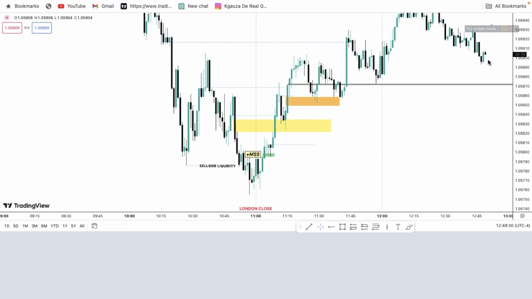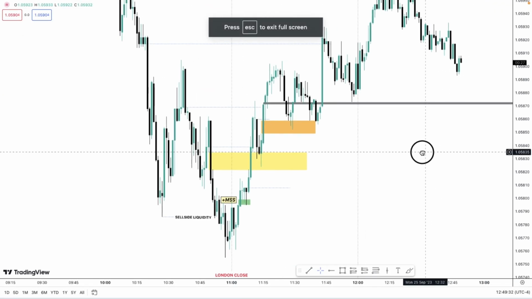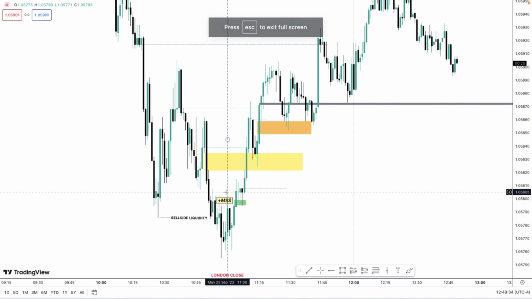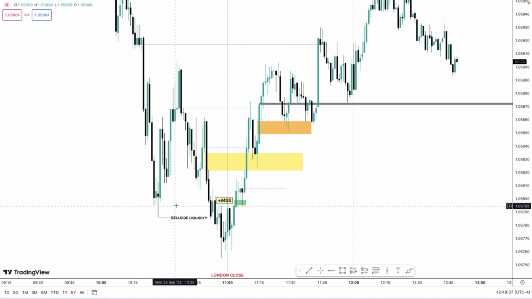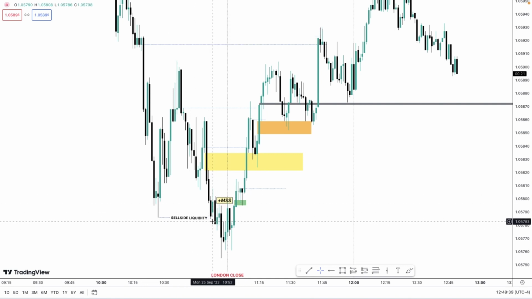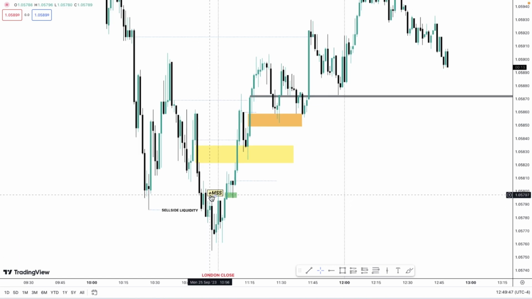So I'm looking at Euro USD. At 11 o'clock, prior to that, we can see sell side liquidity being collected here. Market is in a discount with a swing high that got taken out exactly at 11 a.m. So when the London close begins, the market breaks a swing high.